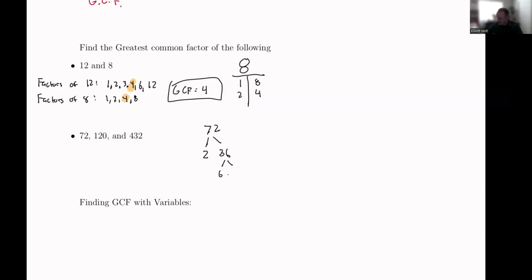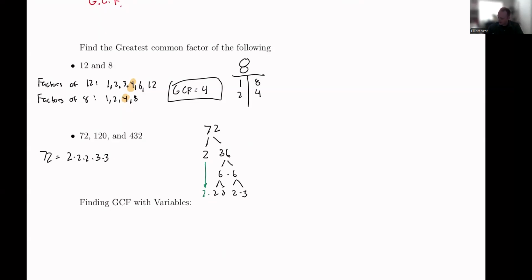That is 6 times 6, right? And I know 6 can be broken up: 2 times 3, 2 times 3, like that. And we can bring 2 down as well. So if I write 72 in terms of its prime factorization, I have it as 2 times 2 times 2 times 3 times 3, like that.